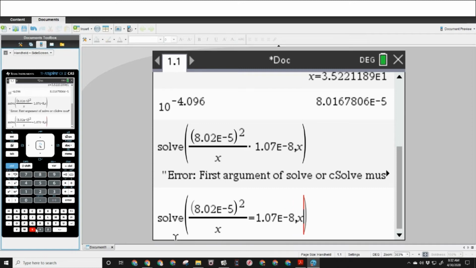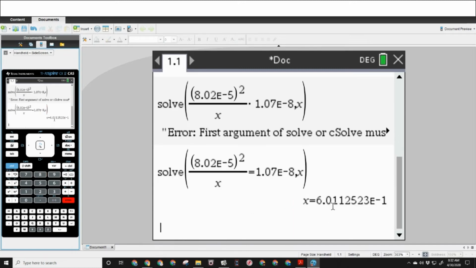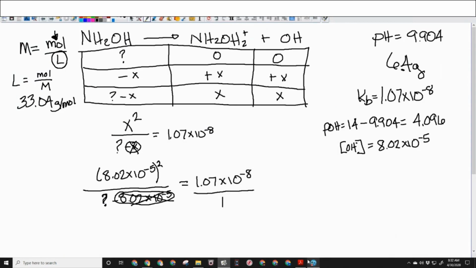Solve for x. All right, 6.01 times 10 to the negative 1. So we have 6.01 times 10 to the negative 1 molarity, or 0.601. That's our molarity.